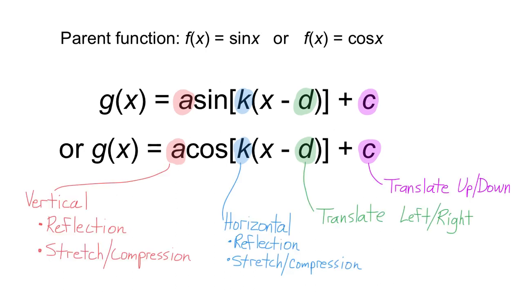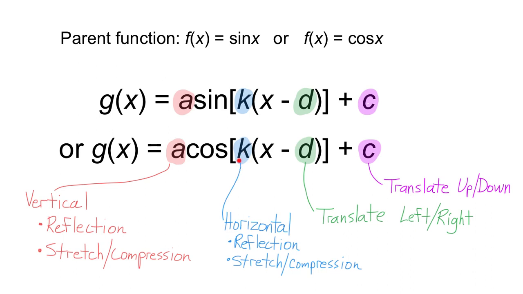So if you change the A value, that changes your vertical values on your graph. If A is negative, you'll have a vertical reflection from the parent function. And then, if the value of your A is greater than 1, you'll have a vertical stretch. If it's less than 1, you'll have a vertical compression by that amount.